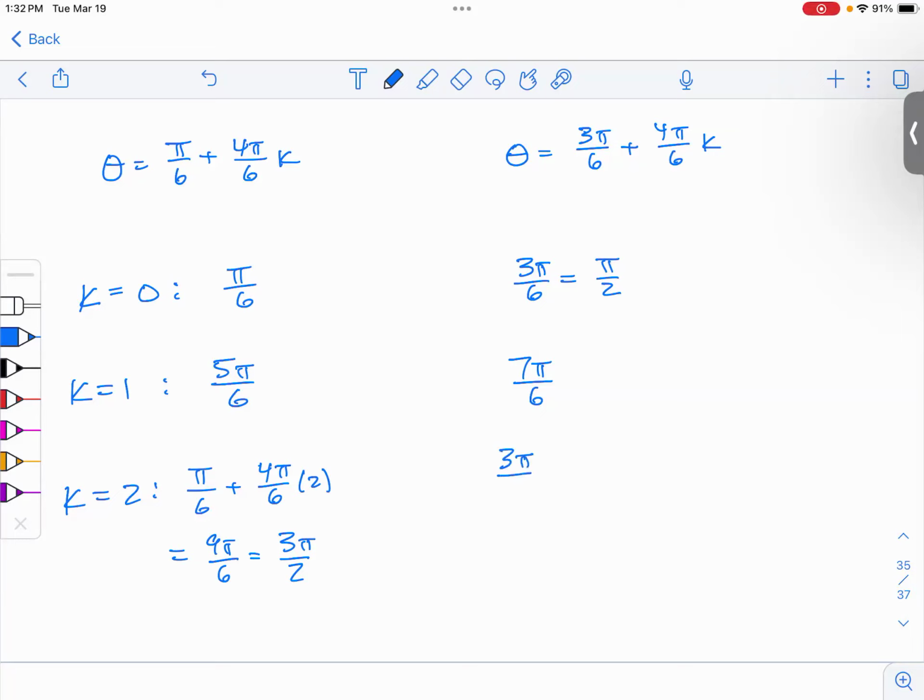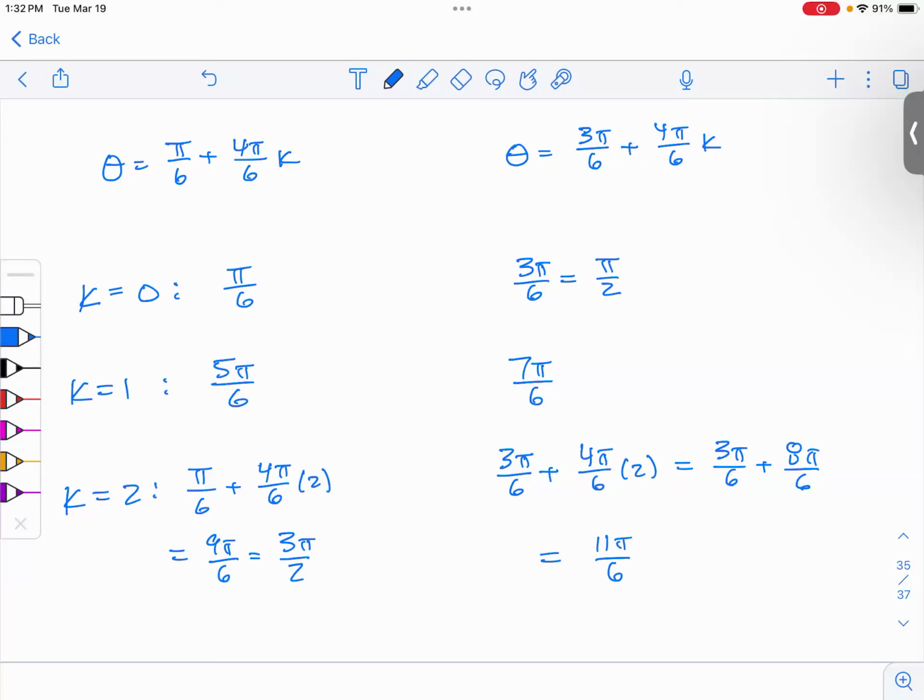And 3 pi over 6 plus 4 pi over 6 times 2, which is 3 pi over 6 plus 8 pi over 6, which equals 11 pi over 6. So we're just adding fractions, all right? Common denominator just helps us speed that up.